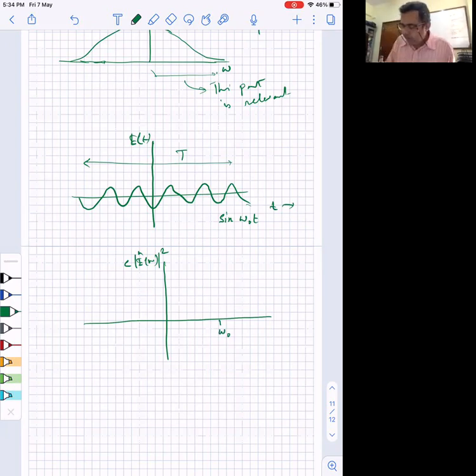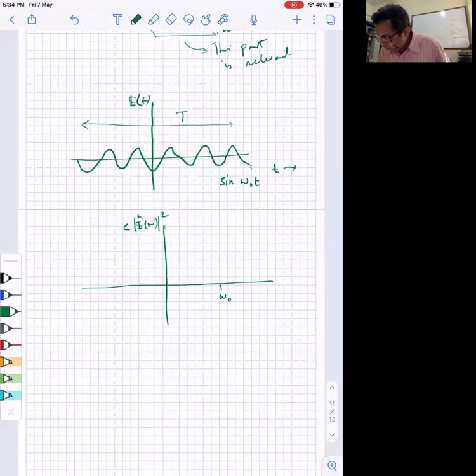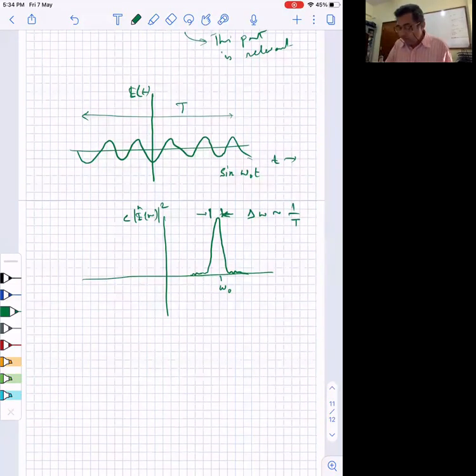And because this is so wide, the T is so wide, this will just be a peak over here with some side lobes. So the side lobes will be there. And so this over here, this is the width. And this delta omega is basically 1 by t. This is how you will find the pulse over here too. So this is the power spectrum of the pulse.